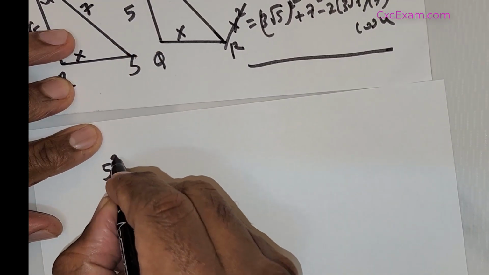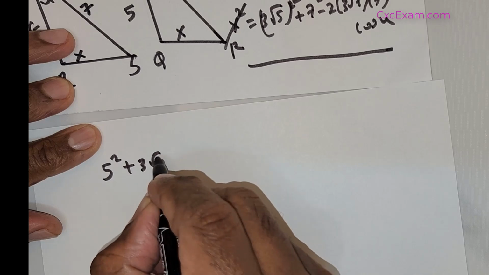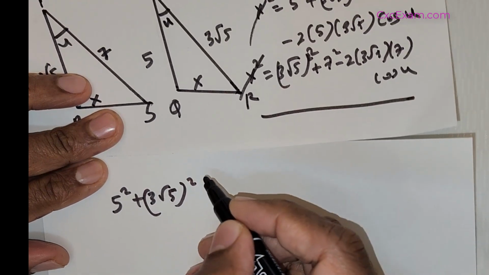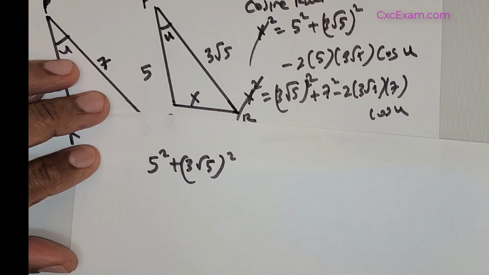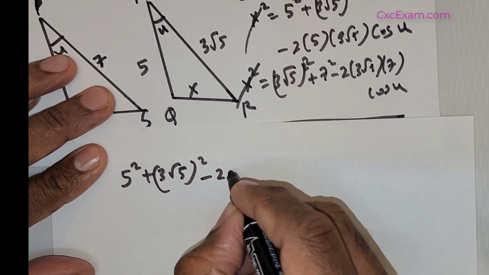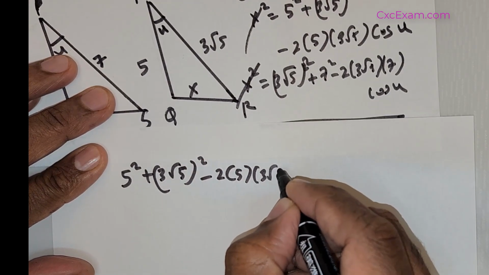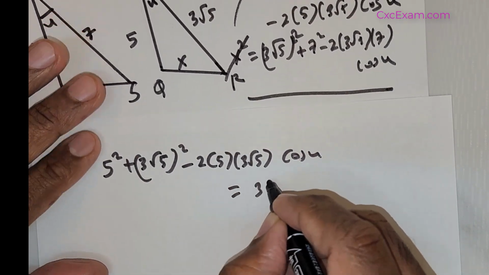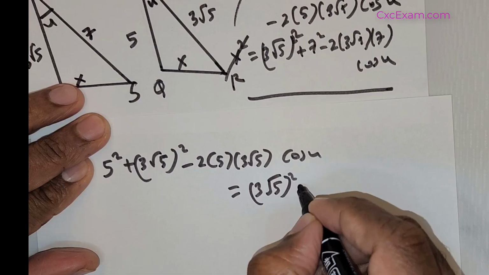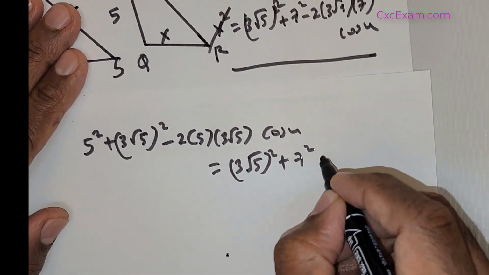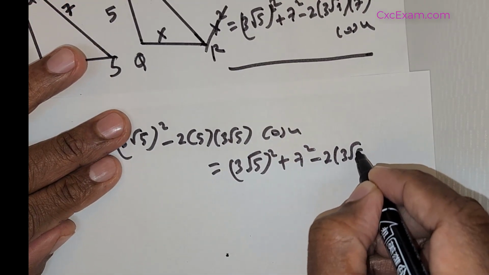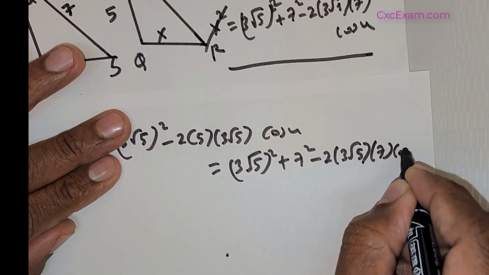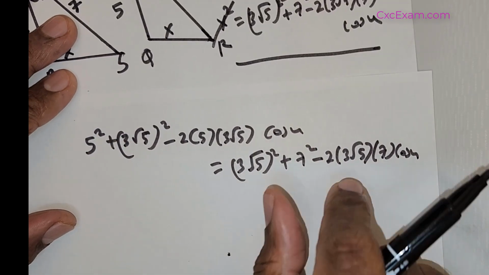This is going to be 5 squared plus (3 times the root of 5) squared minus 2 times 5 times 3 times the root of 5 times cos of u is equal to (3 times the root of 5) squared plus 7 squared minus 2 times 3 times the root of 5 times 7 times cos u. Okay, we can set up the system like this.